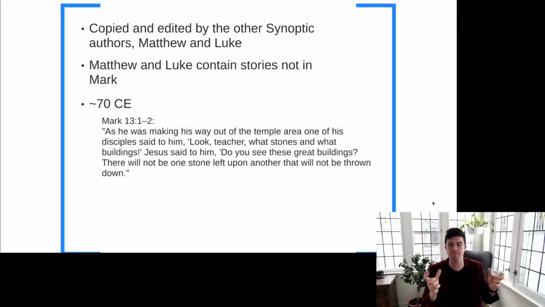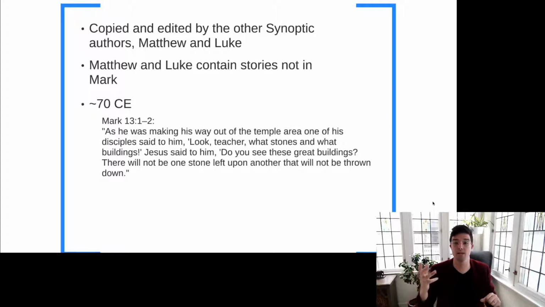The dating of Mark usually comes down to Mark chapter 13, what's often called the little apocalypse in the Gospel of Mark. At the beginning of this little apocalypse, Jesus has entered into Jerusalem and into the temple area, and one of his disciples is marveling at the things in the temple.